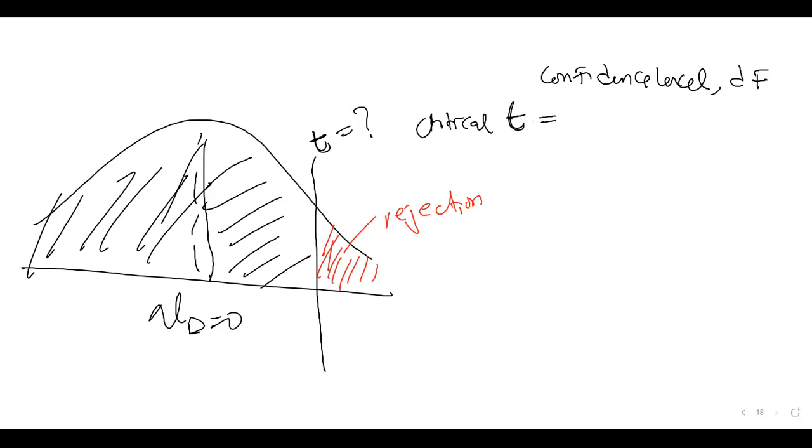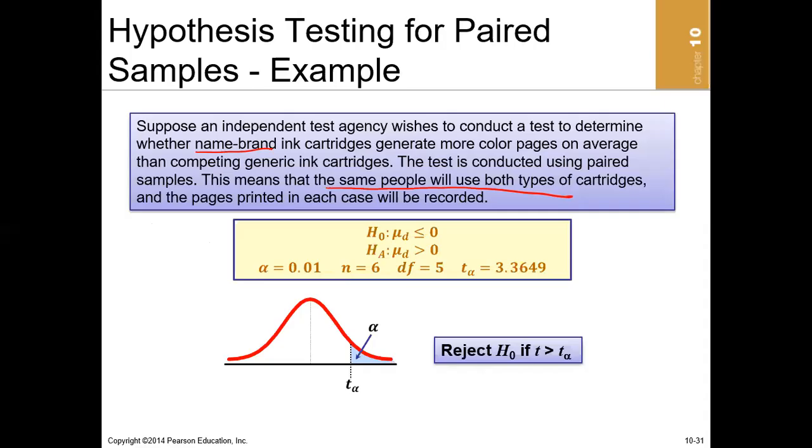Now, if you look at this question, the alpha was 0.01. That means they are testing at 99% confidence because the alpha is 0.01, and it's one tail.